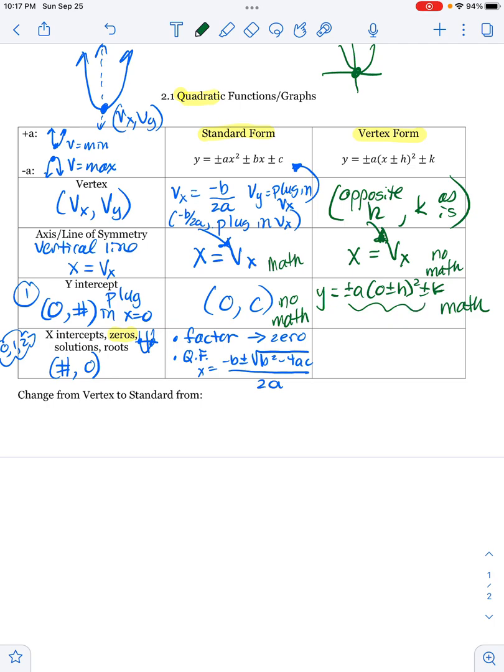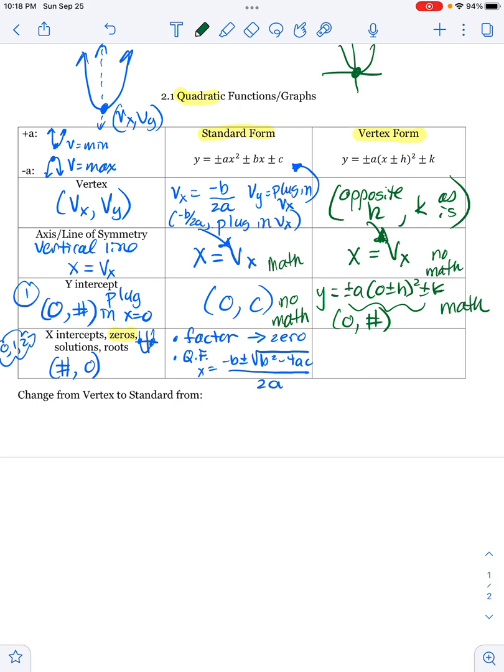The coordinate that is your y-intercept is not going to be a number necessarily that's visible in the equation. Like here, we could just look at the c and that was it. That's not going to happen in this second case, and so you're going to have to plug that 0 in. Technically, you're plugging a 0 in all the time, every equation, linear, quadratic, polynomial, any equation to find the y-intercept.